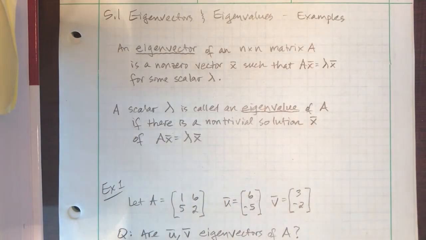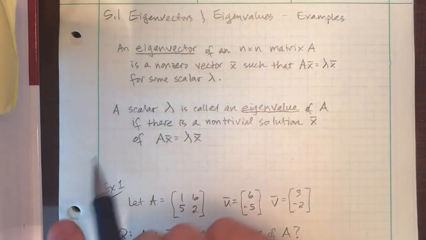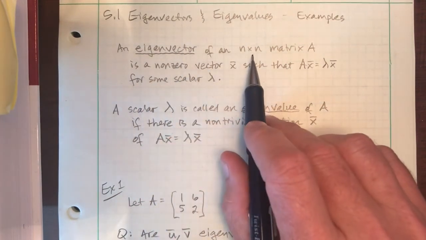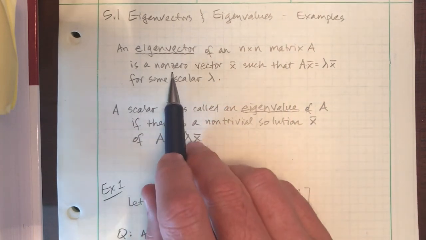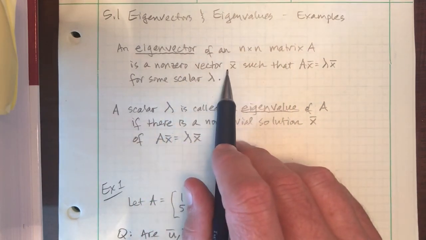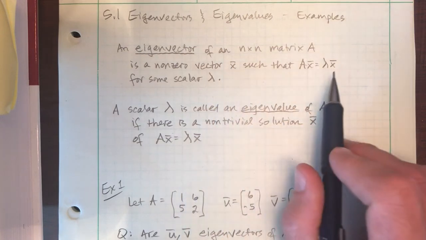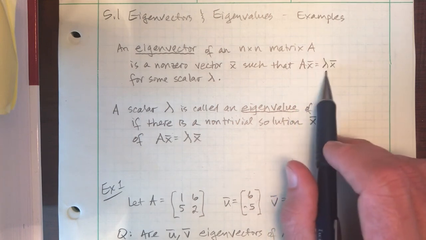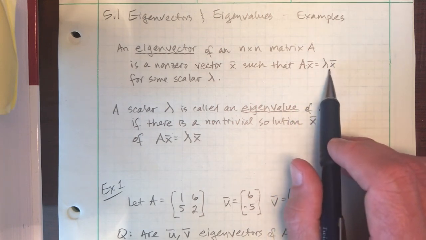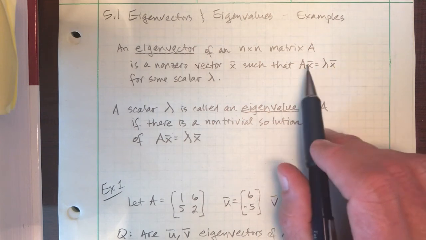A more formal definition of each of those terms: an eigenvector of an n by n matrix, so they must be square, has to be a non-zero vector, so the zero vector itself can't be an eigenvector, such that this equation is true. Notice this equation is just a modified version of our classic matrix equation.